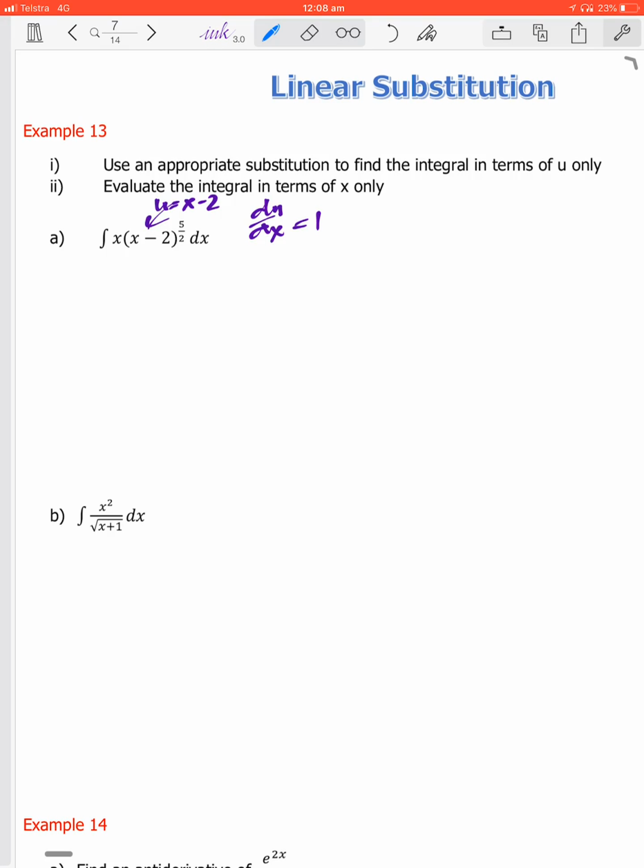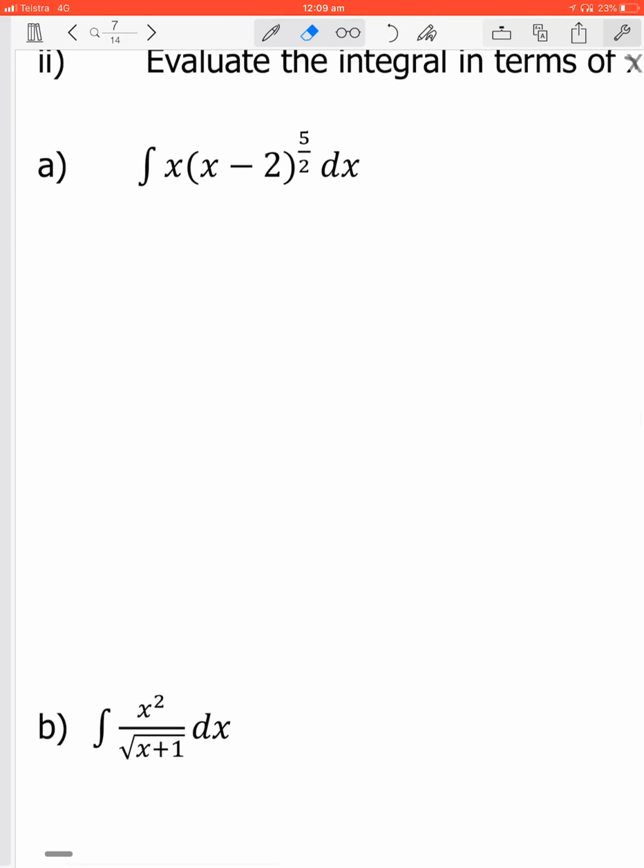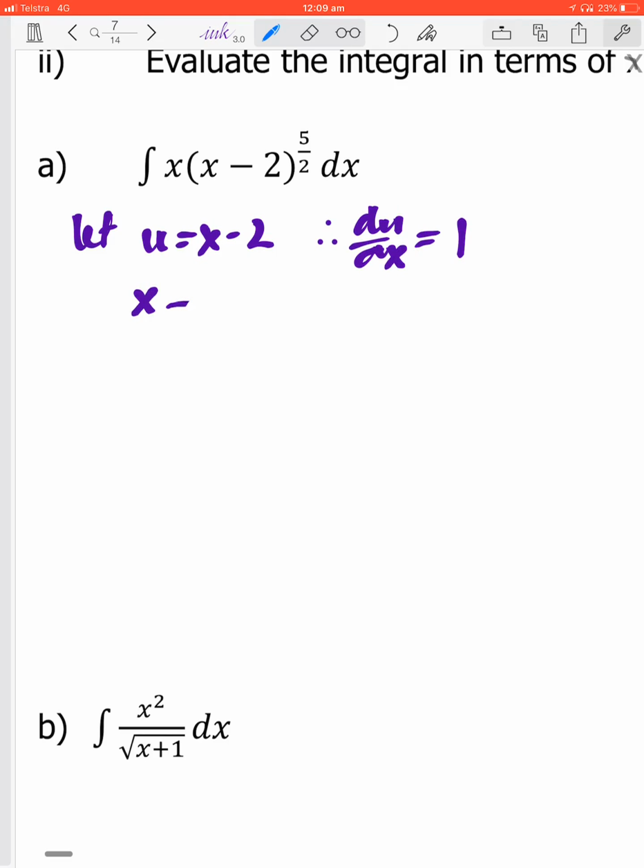So we can always put a du dx wherever we want, because multiplying by 1 doesn't change anything. So in this case, let u equal x minus 2, therefore du dx equals 1, and we also know that x equals u plus 2.